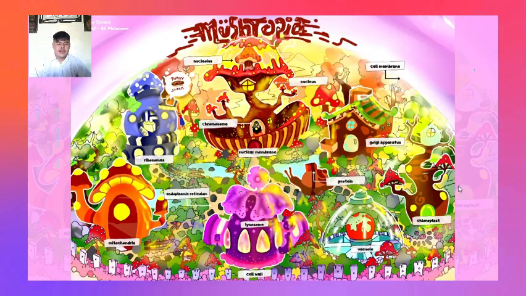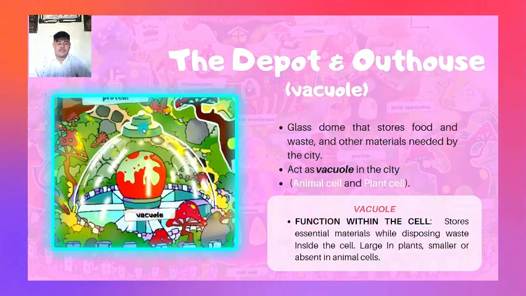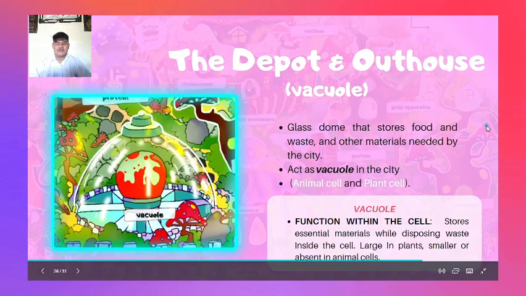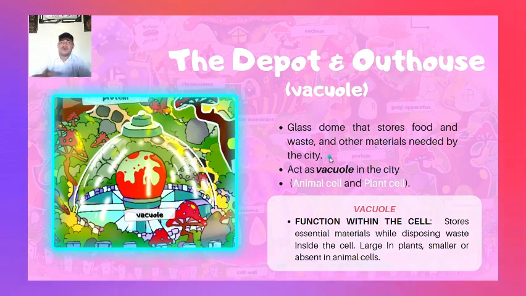Next is the depot or the outhouse. This is the depot and the outhouse. The depot and the outhouse is a glass dome that stores food and waste and other materials needed by the city. So it also acts as a vacuole in the city that can be seen in animal cell and plant cell.